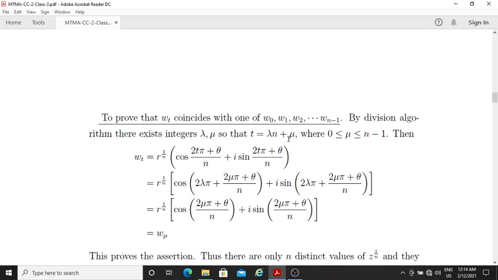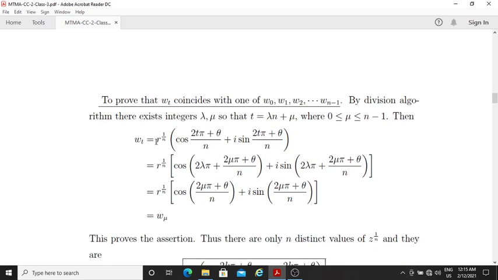So by the division algorithm, as t is more than or equal to n, t can be written as lambda n plus mu, where mu is less than n because it's a remainder. So it can be 0 or less than or equal to n minus 1, and lambda is an integer, of course. If t can be written in this fashion, then let's write wt. Now it's a routine check.